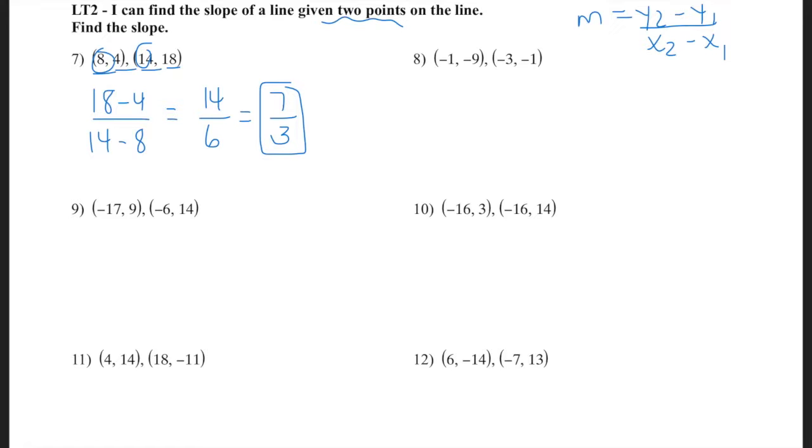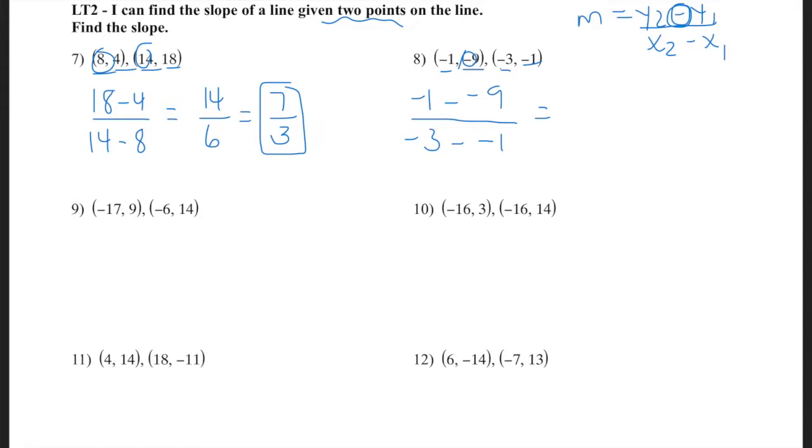Now here, number 8 is where we have to be careful with all these negatives. So y2 is -1 minus y1, which is -9. You end up with double negatives there. All right, the subtraction sign in the formula is not the same as the negative sign in the number. They're separate, so you have to write them separately. -3 is x2 minus, and then -1.